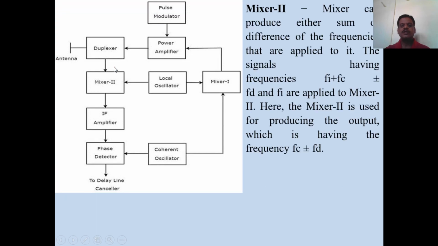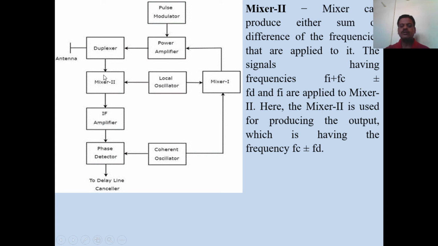Here mixer 2 can produce either the sum or the difference of the frequencies applied to it. Two frequencies are applied to this mixer: one coming from the duplexer, meaning from the antenna, and another from the local oscillator.